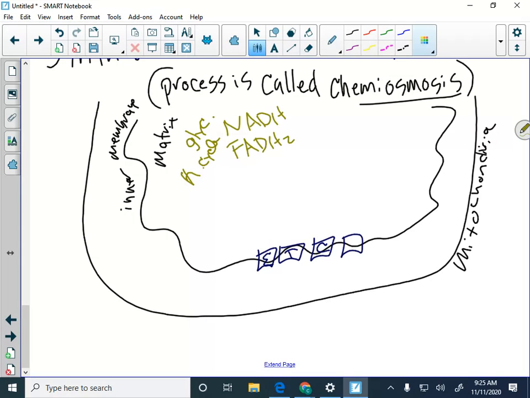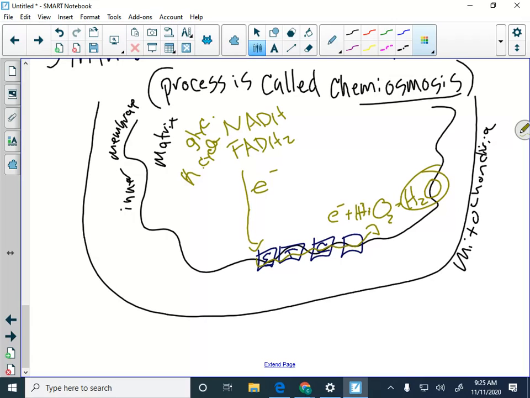It's kind of messy, but they will pass electrons to the electron transport chain. As those electrons move through, at the very end, we will get those electrons plus H plus, plus oxygen, and that will give us H2O. That's a little bit messy. I can redraw this if you'd like.